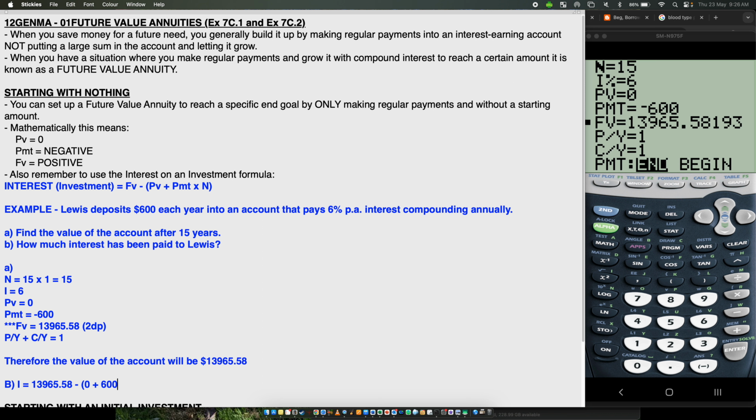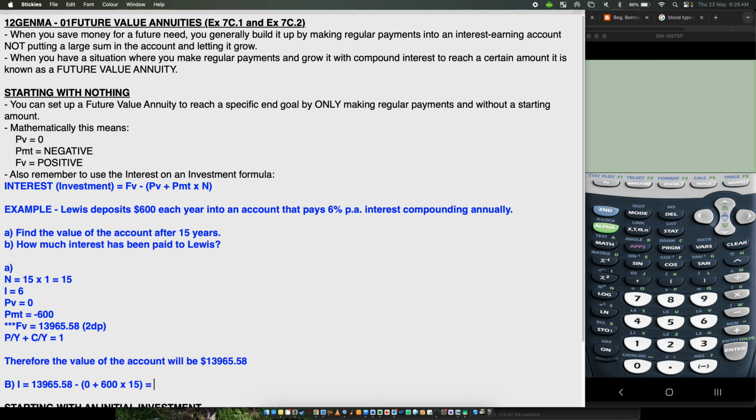There was a regular payment of $600, which happened 15 times. So do the working out. 13,965.58. Because you have a graphics calculator, you have access to brackets, plus 600. And the calculator is aware of BEDMAS. So as long as you use brackets properly, you can trust it. So that tells you 496.